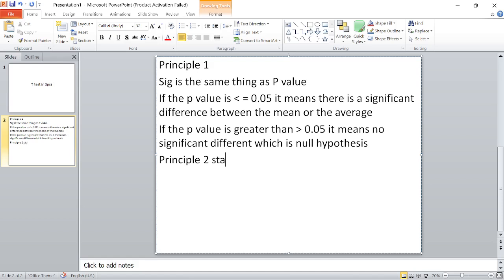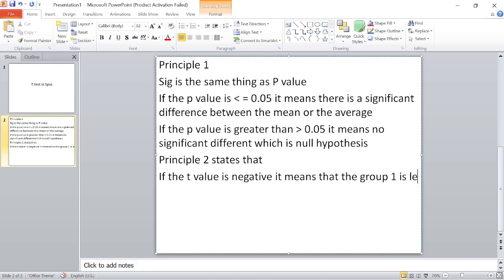Principle two states that if the T value is negative, it means that group 1 is lesser than group 2.